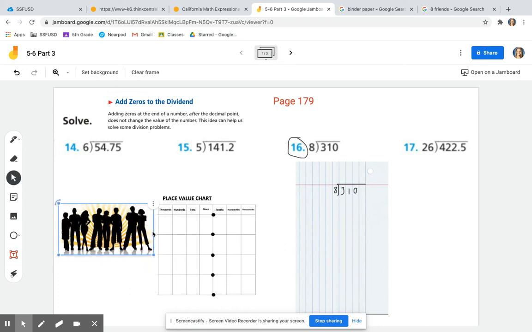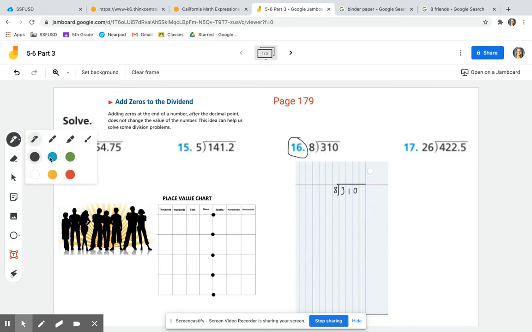There's 8 friends, and let's say they set up a bake sale and they earn in one day $310 altogether. And at the end of their bake sale day, they want to distribute the $310 amongst themselves. They want to split it up, and each person receives an equal amount from the total of 310.